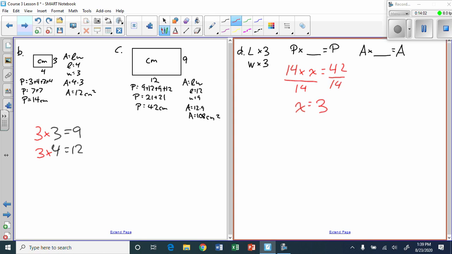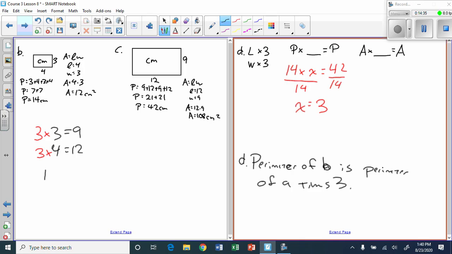What about the area? As I look at the perimeter, I guess this would be D, the perimeter of B is the perimeter of A times 3.